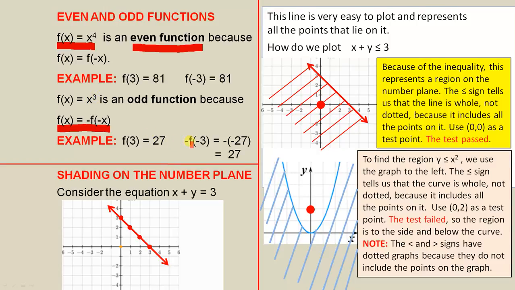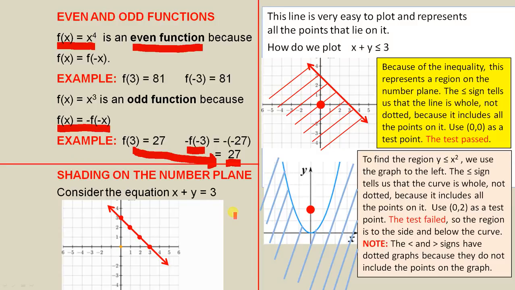Now minus f(minus 3) is minus, outside of minus 27, which is 27. See? So minus f(minus 3) is 27. However, f(3) is the same as minus f(minus 3). And that is why this is an odd function.